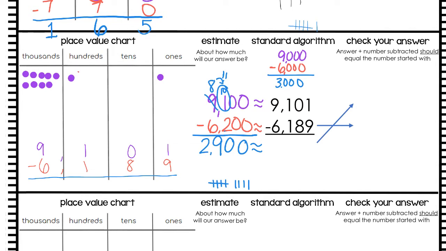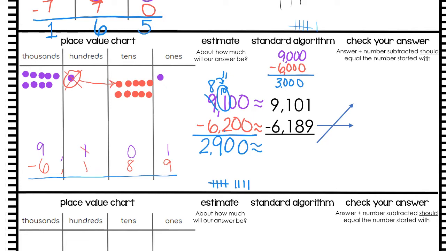Yes, I can. 100 can be regrouped into 10 tens. Count with me. 10, 20, 30, 40, 50, 60, 70, 80, 90, 100. It can be regrouped.